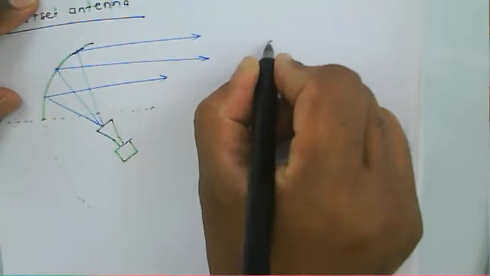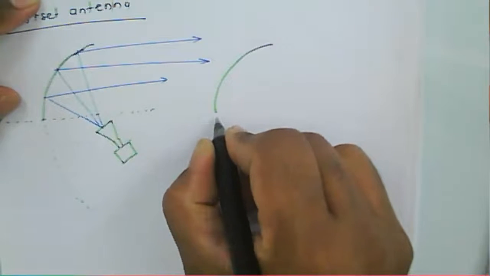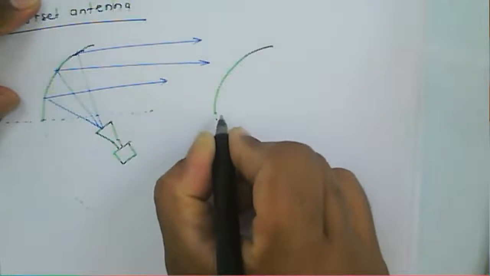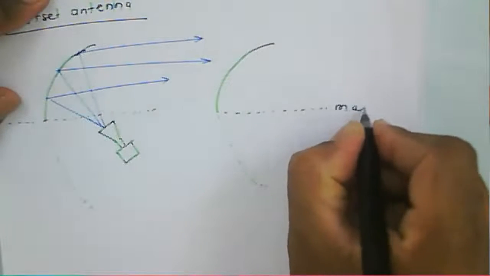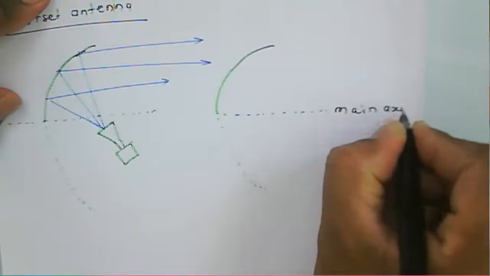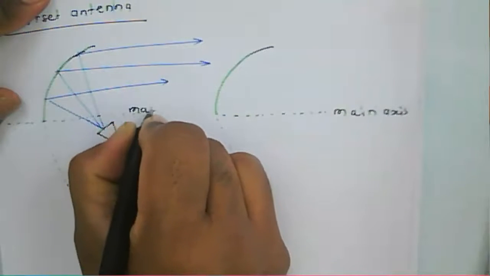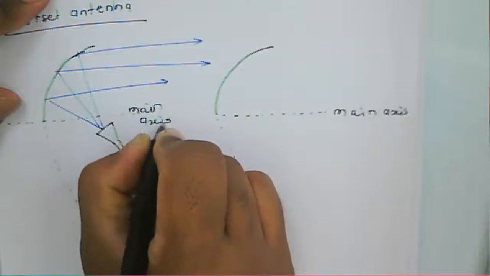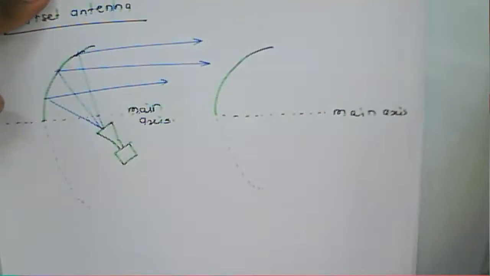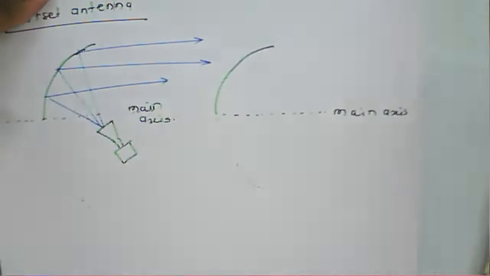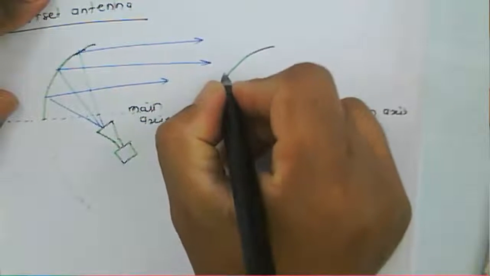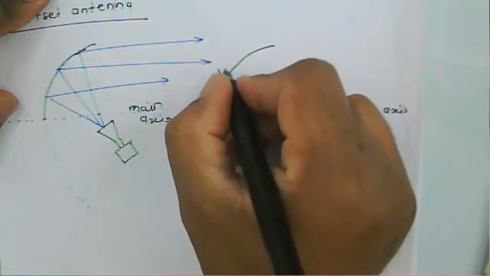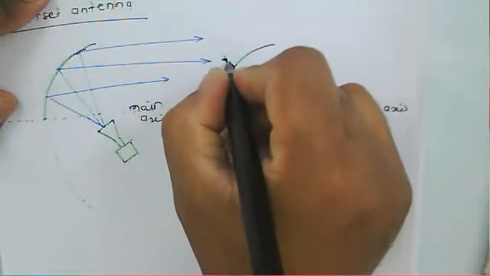Here we have the parabola, and this is the main axis. For this, we consider a sub reflector, and here is our horn antenna.